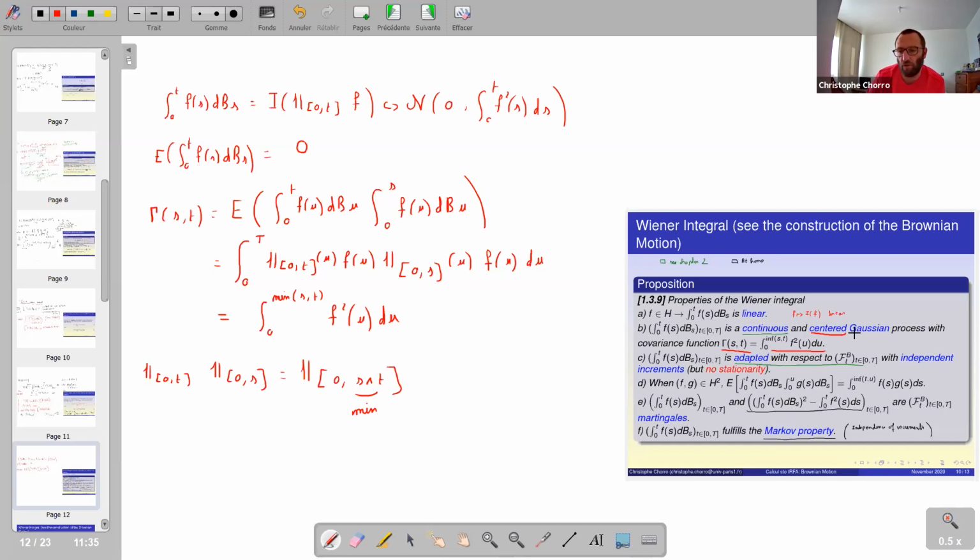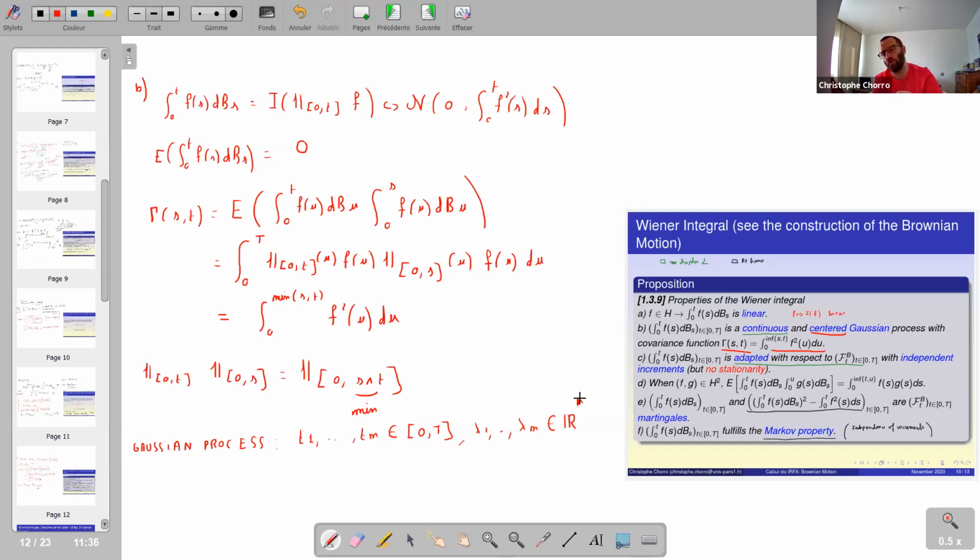And now it remains to prove that I have a Gaussian process. If I want to prove statement B, Gaussian process, what I have to consider is t1, ..., tn belonging to [0, T], and lambda 1, ..., lambda n belonging to R^n.